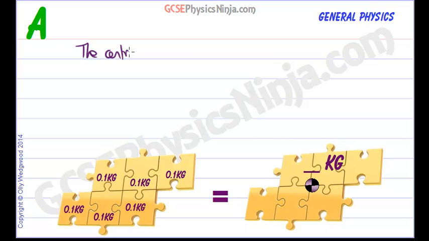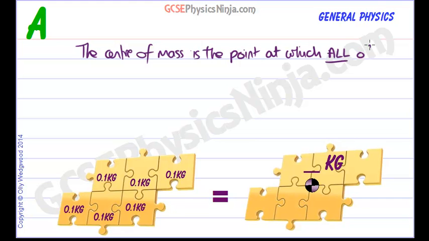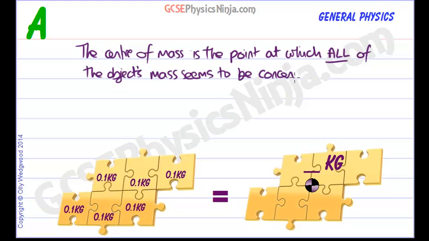The center of mass is the point at which all of the object's mass seems to be concentrated. Center of mass is the point at which all of the object's mass seems to be concentrated.